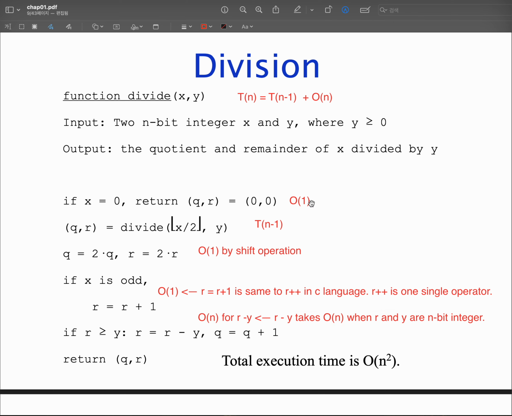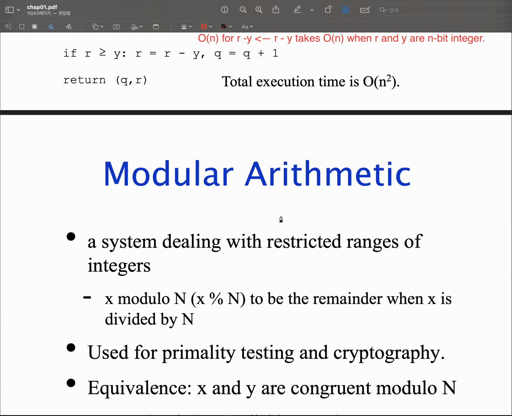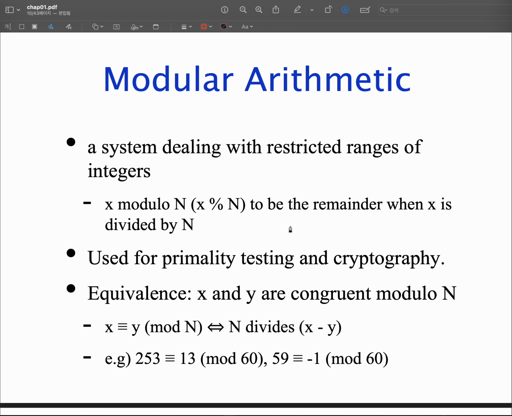So it is division. It takes big O of n squared, and it seems fine so far. There's no better method for calculating the division operation. And how about modular arithmetic? Before we start, modular operation uses the division operation, because the modular operation takes the remainder.